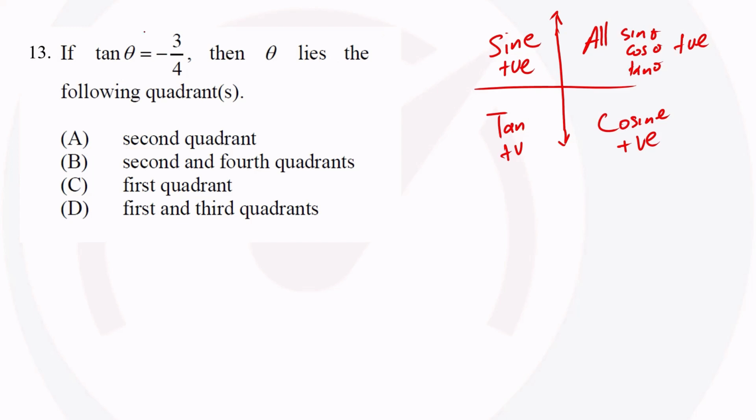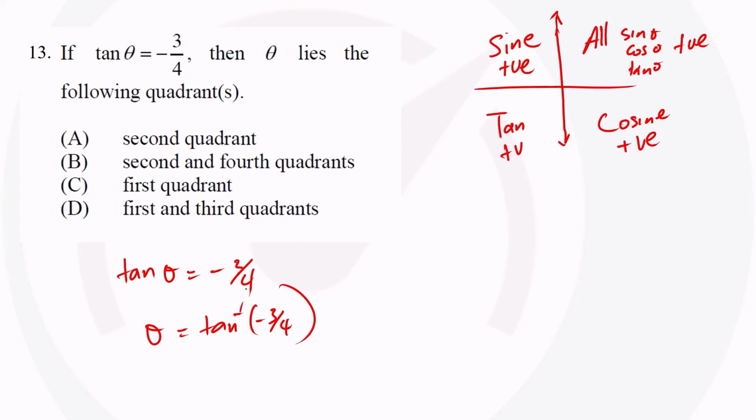So therefore for theta, we would have found tan inverse: tan of the angle is equal to negative 3 over 4. Therefore theta would have been equal to tan inverse of negative 3 over 4. So the angle is going to be negative.